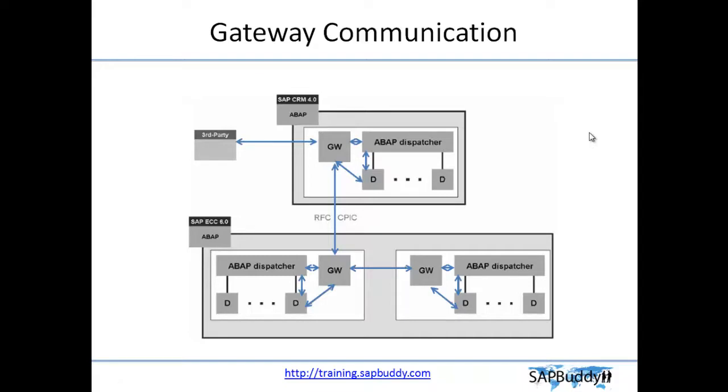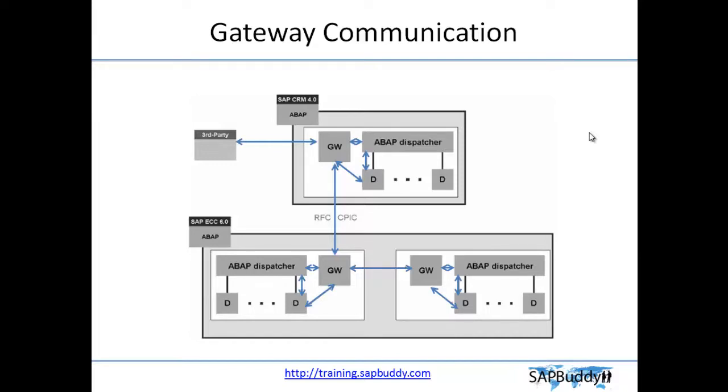Gateway, as you know, will be used to communicate from one SAP system to another SAP system, or you can also use the gateway for communication from one instance to another instance. In general, by default, this gateway is already enabled in your SAP system.